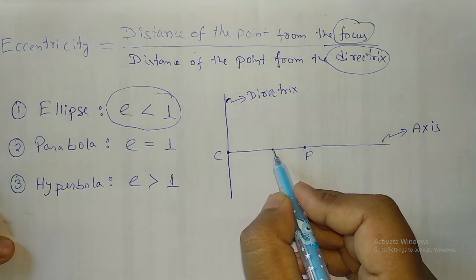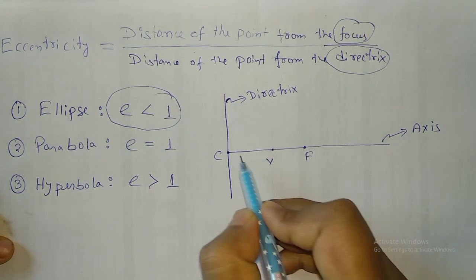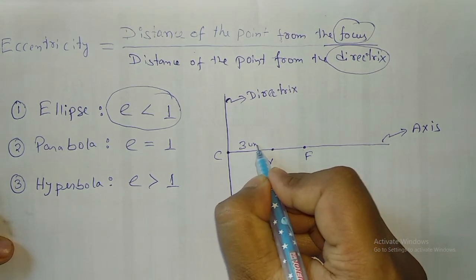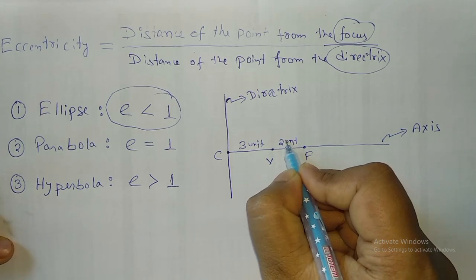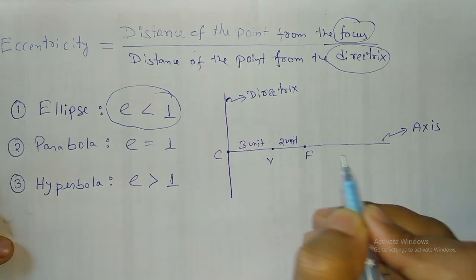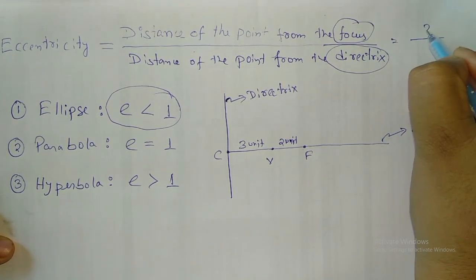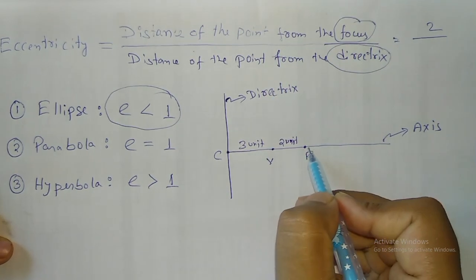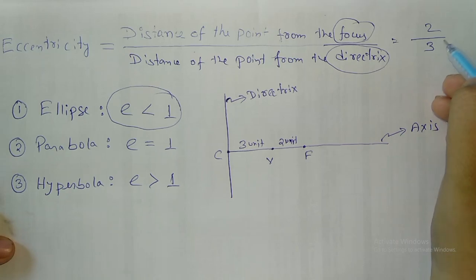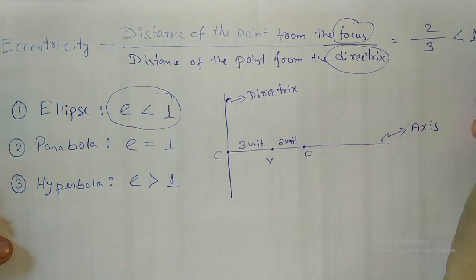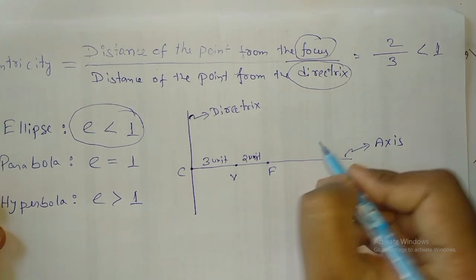So this is a point B. Suppose from this side it is 3 units, and from this side it is 2 units. Then the eccentricity will be 2 over 3: the distance of the point from the focus is 2, and the distance of the point from the directrix is 3. So this is less than 1. This is an example of eccentricity for the ellipse.